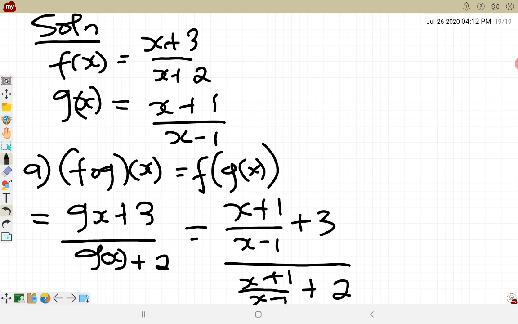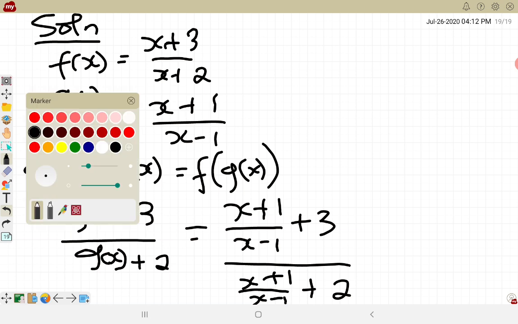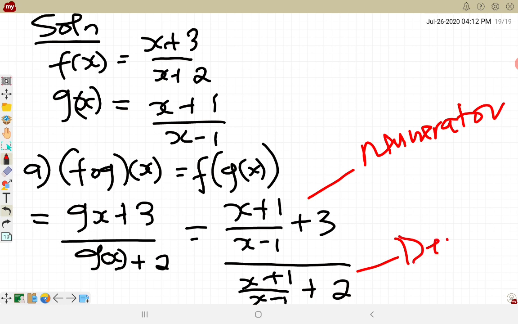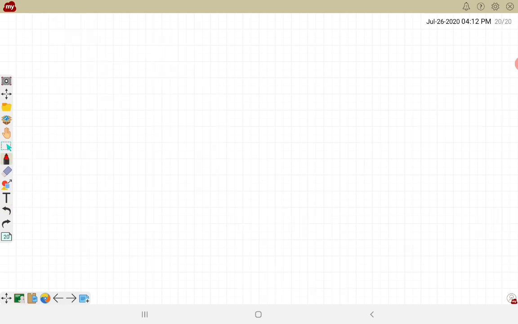Okay, so here we have a numerator and we have the denominator. We'll take it one after the other. Let us take the numerator of the function first.